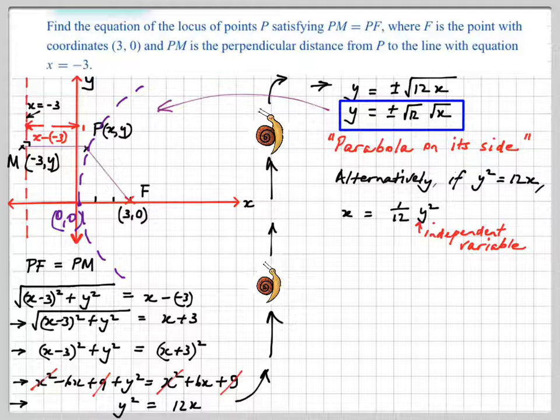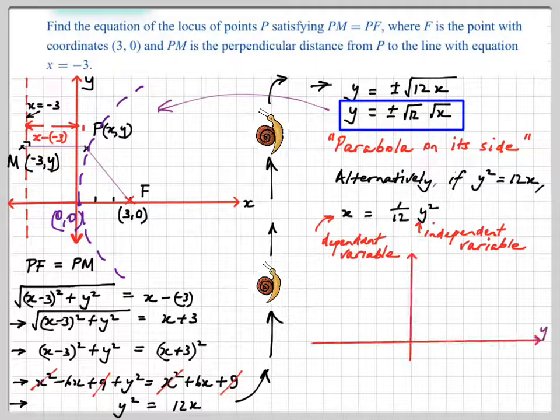Pick a value of y, in other words, square it and divide by 12 and you get x. That's what I'm trying to say. That becomes a dependent variable. Now, what if we were to write the graph of that like that? Goodness! Look at that. There's no reason why we can't do that. We're putting the dependent variable on the vertical, the independent variable on the horizontal.